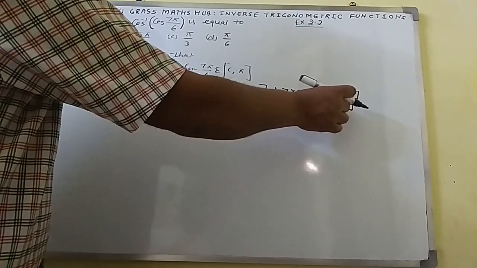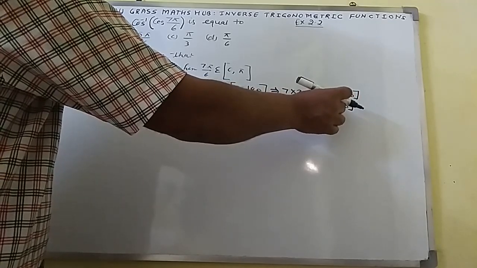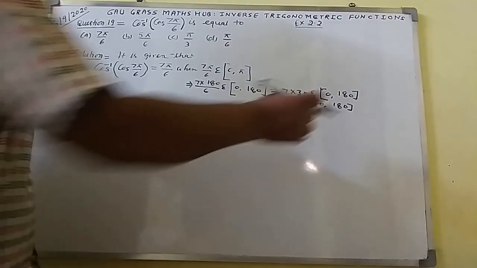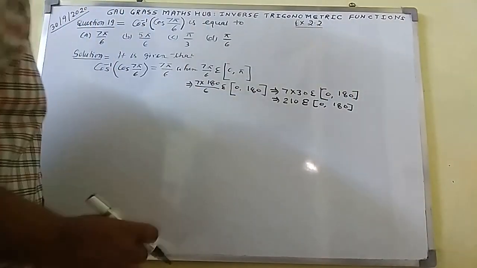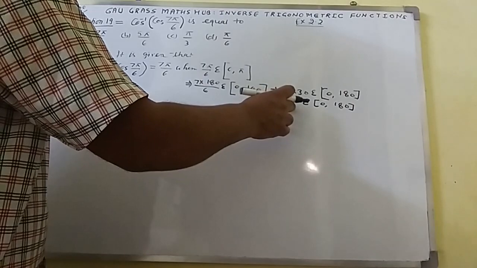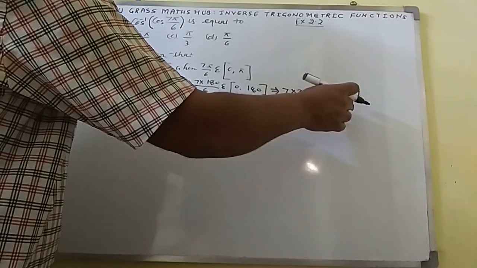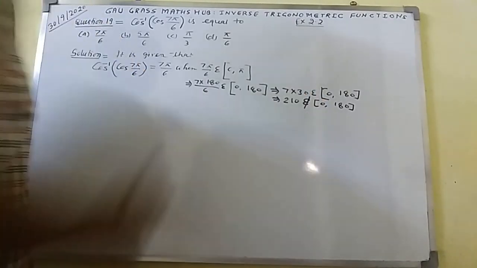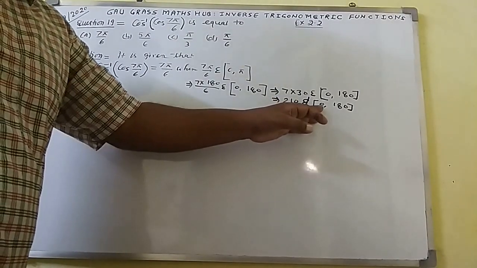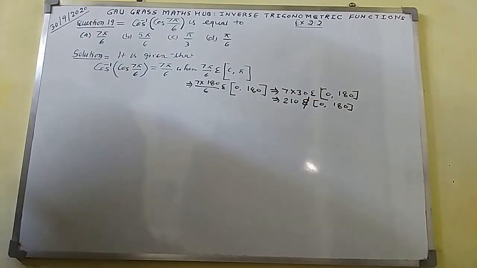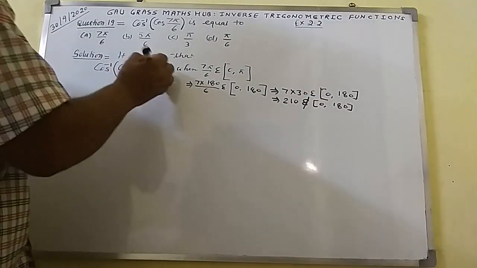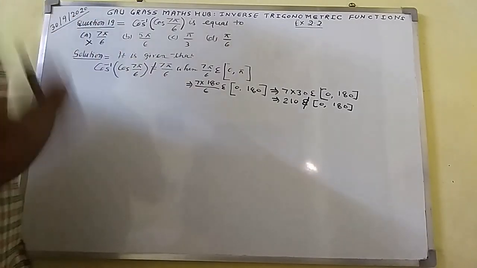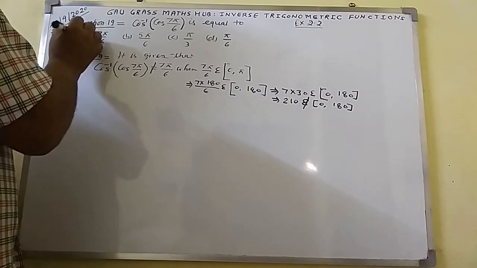Up to 180 degree it will be okay, but here 210 is lying beyond 180 degree. That's why 210 does not belong to the closed interval 0 to 180 degree. That's why this is not possible, so this will be cancelled out.